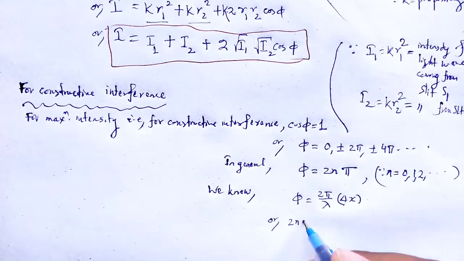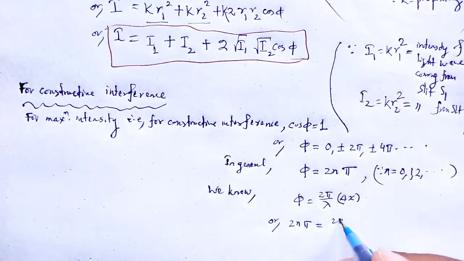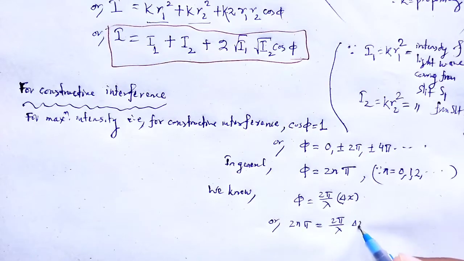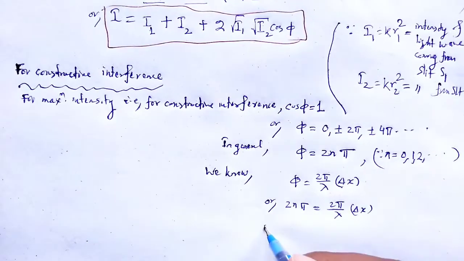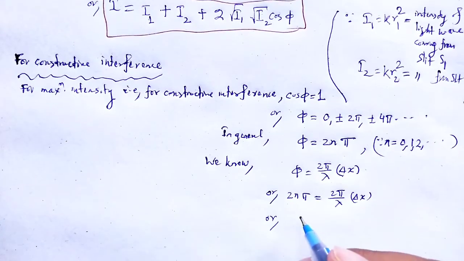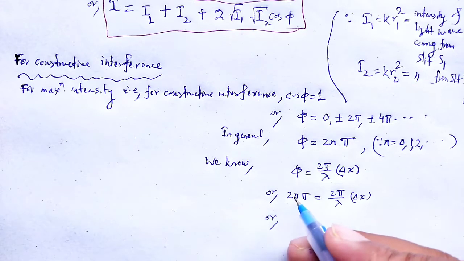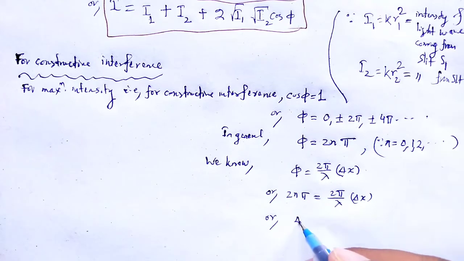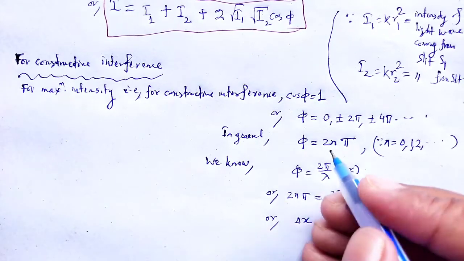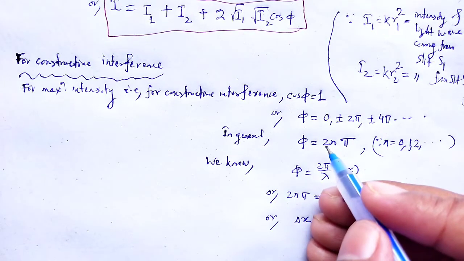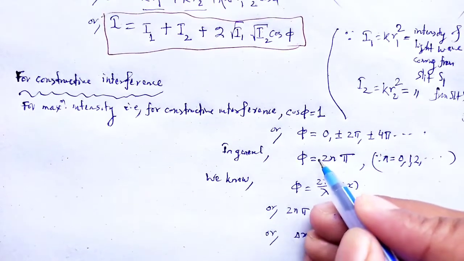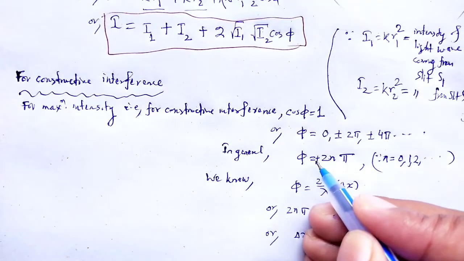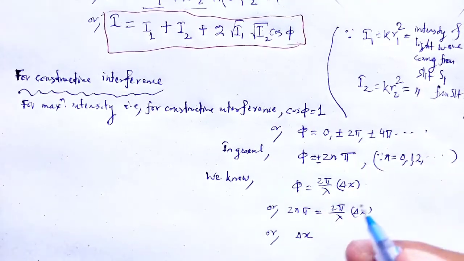So 2nπ is equal to 2π by λ into Δx, or 2π cancels out, nλ is equal to Δx. So Δx, that is ±2nπ here, ±2nπ in general.